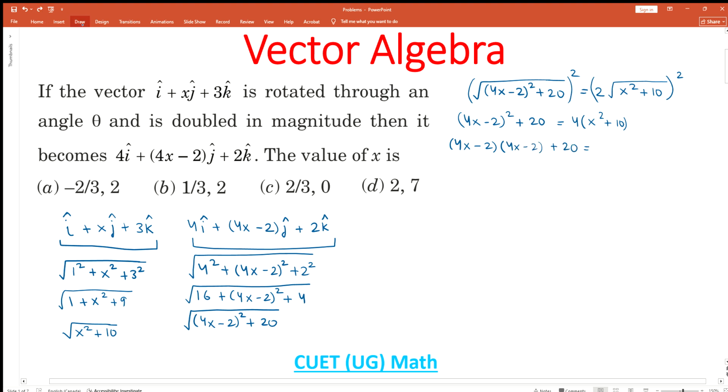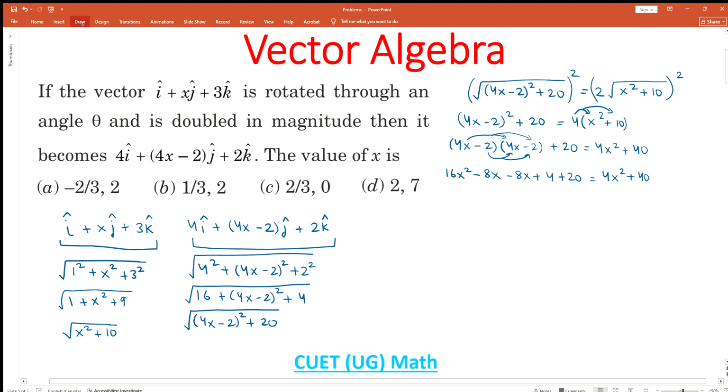On the right side, we can distribute 4 into the parentheses. I get 4x squared plus 40. Next, we can use the FOIL method to distribute the terms in the parentheses. I get 16x squared minus 8x minus 8x plus 4 plus 20 equals 4x squared plus 40.